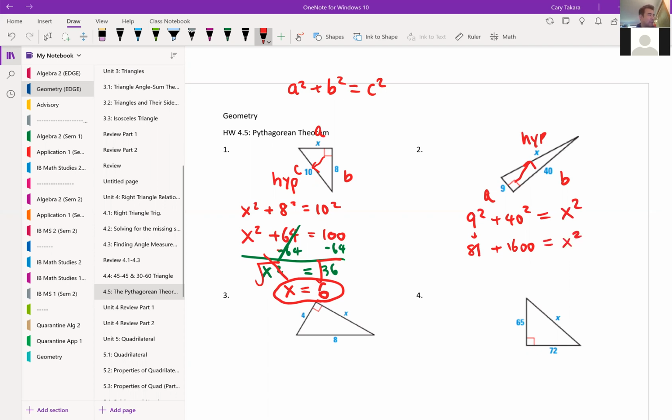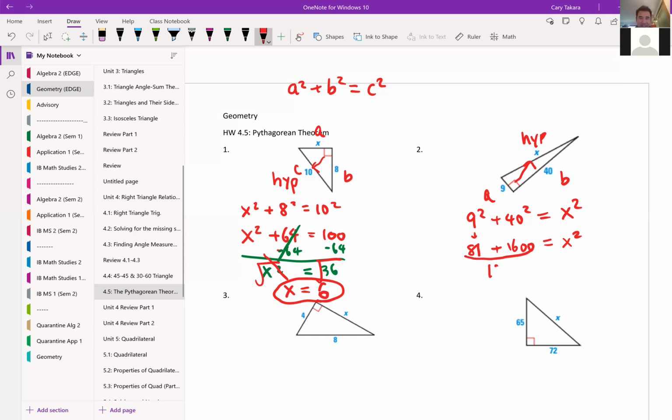Then equals X squared. Yeah, again, that's a good question. Keep your questions coming, okay? A and B, it doesn't matter which one you call A or B. You could call 9 a B and 40 an A. But as long as you identify the hypotenuse as the hypotenuse, then it doesn't matter. So you can add them together. They're on the same side.